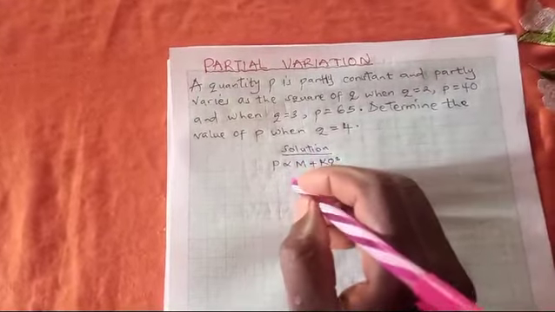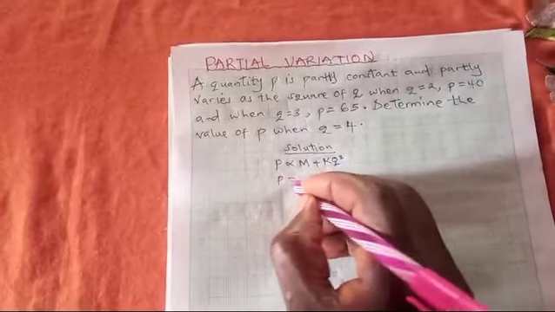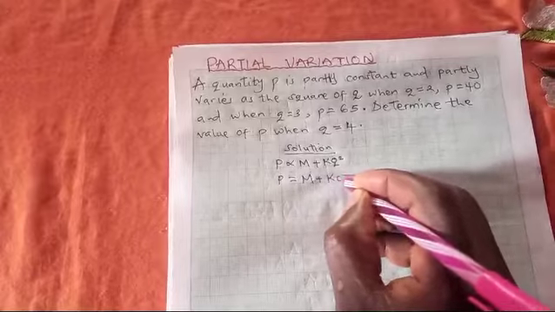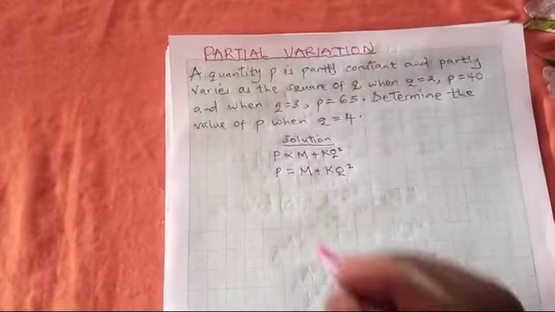So we can remove this sign by saying P is equals to M plus KQ squared.